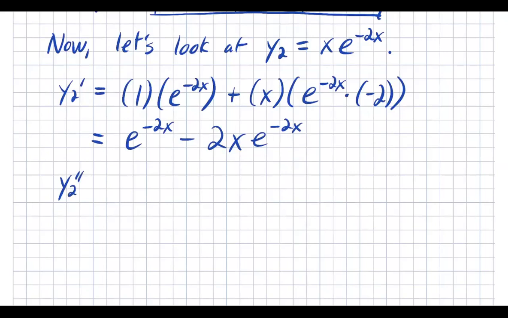And now the second derivative of y2 is the following. We start with the first term. The derivative of e to the negative 2x is e to the negative 2x times the derivative of negative 2x, which is negative 2. And now we're going to subtract 2 times the product rule of x times e to the negative 2x.